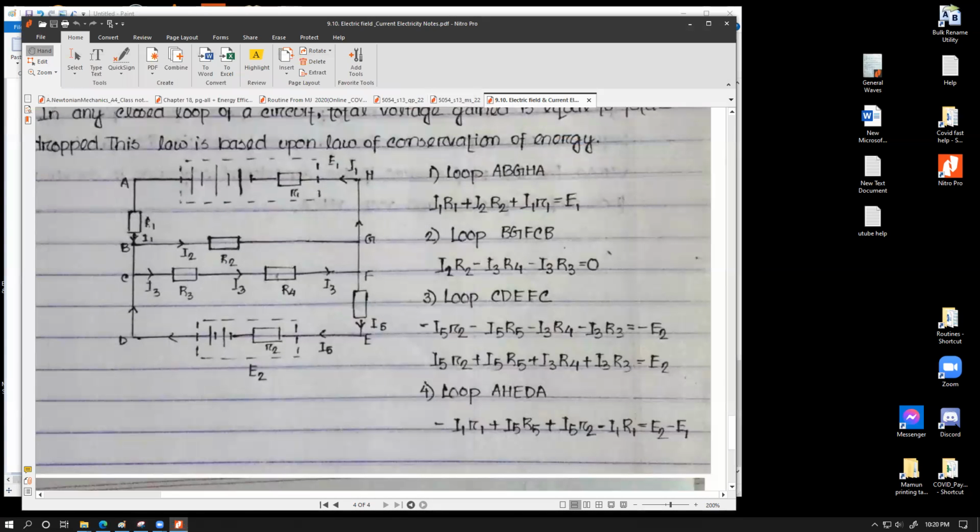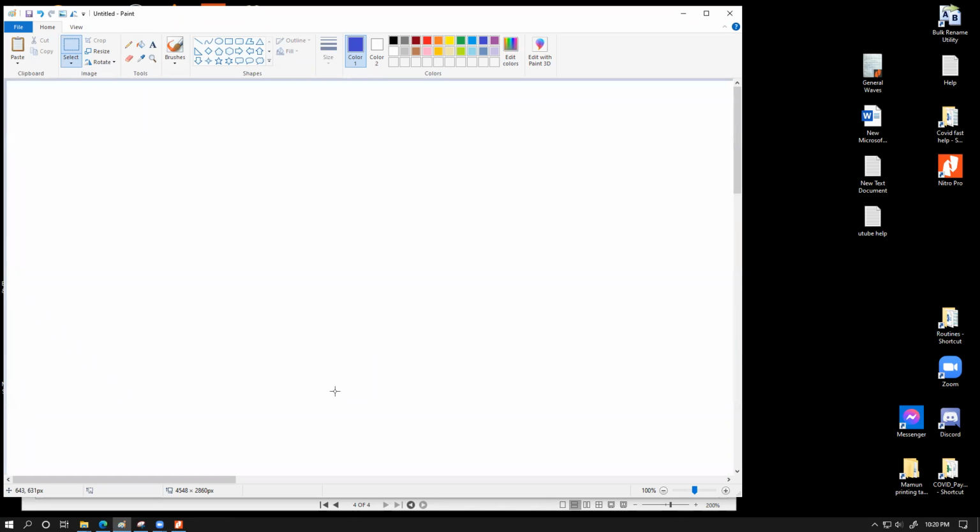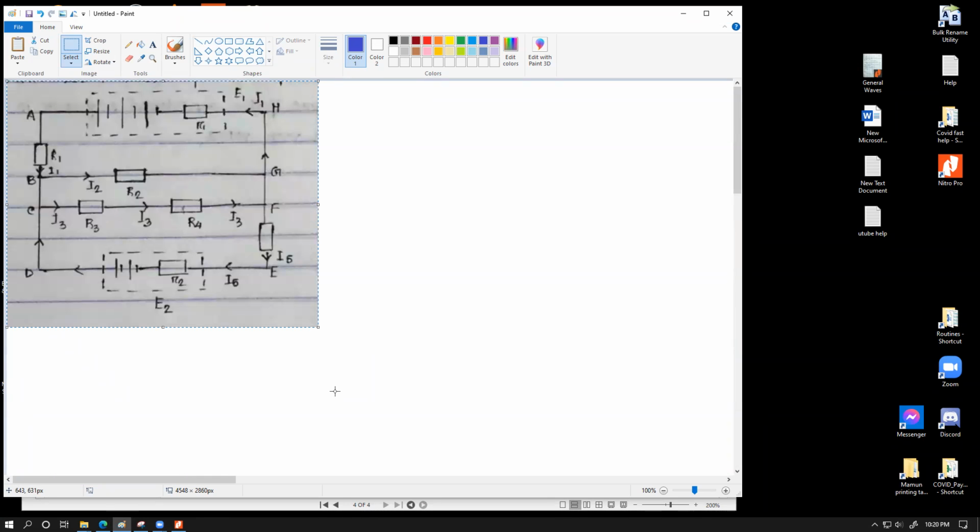I will. Just a second. If you consider a loop that is A, C, F, H, A, so for this loop, what should be the equation? Tell me. We'll start observing from A.